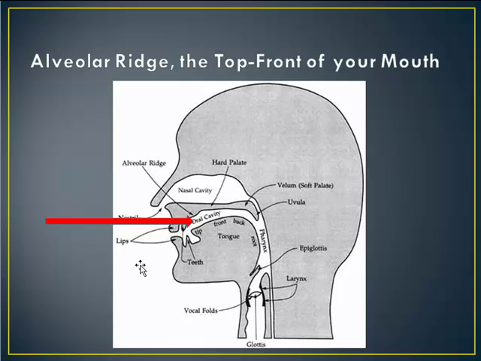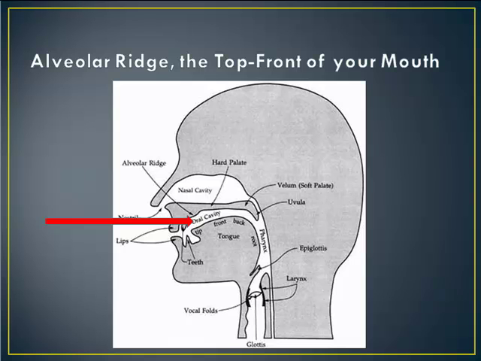And if sounds get stopped at the top front of your mouth, at the alveolar ridge, such as in the case of tiger and dog, t and d, then we call that an alveolar consonant.